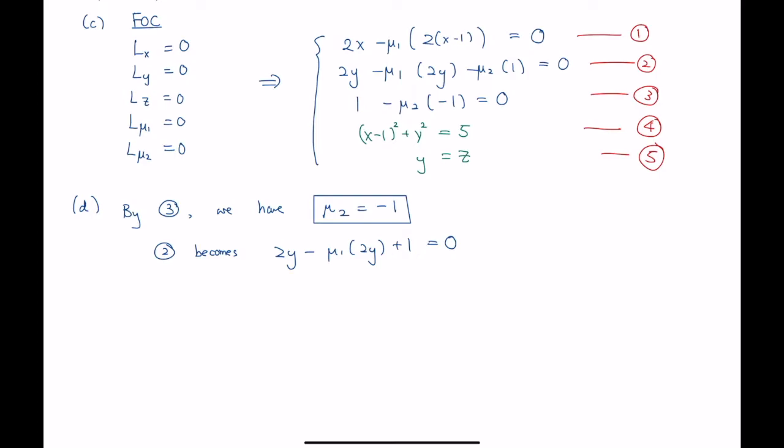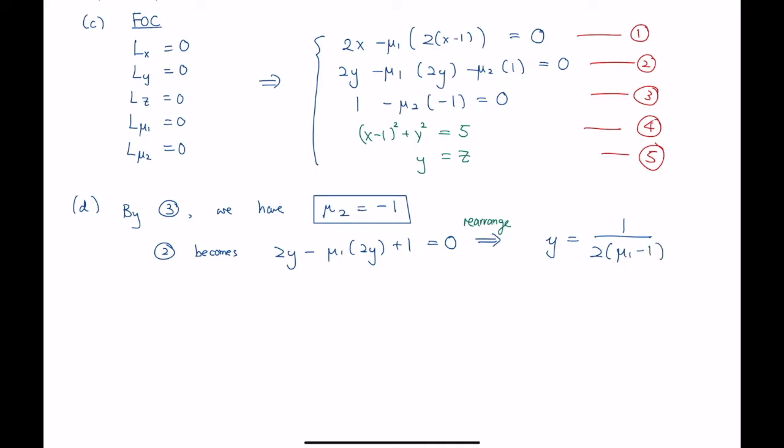That is, whenever it's possible, make x and y in terms of the Lagrange multiplier. So in this case, you can make y in terms of mu1. If you rearrange, I will let you check, it turns out y equals 1 over 2 times (mu1 minus 1).